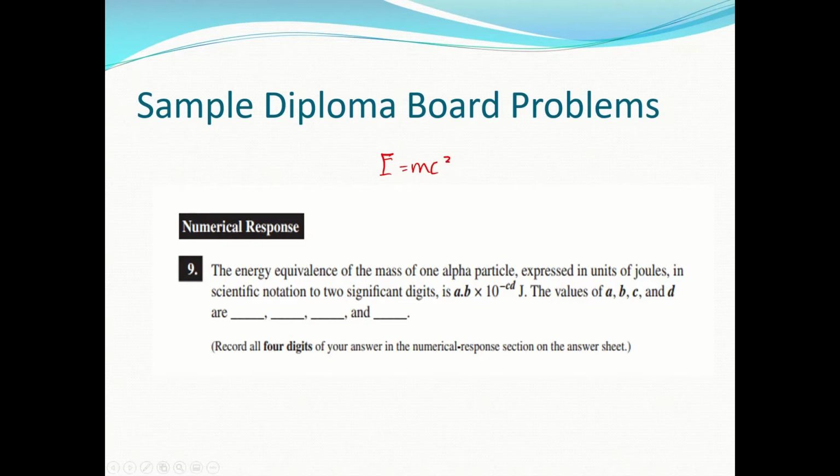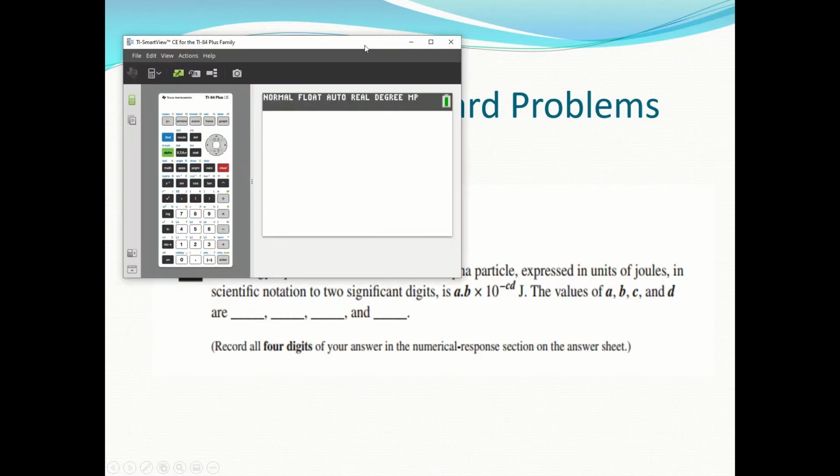And if you look up the mass of an alpha particle in your data booklet, it tells you that the mass of an alpha particle is 6.65 times 10 to the negative 27. And then we multiply that by the speed of light squared.